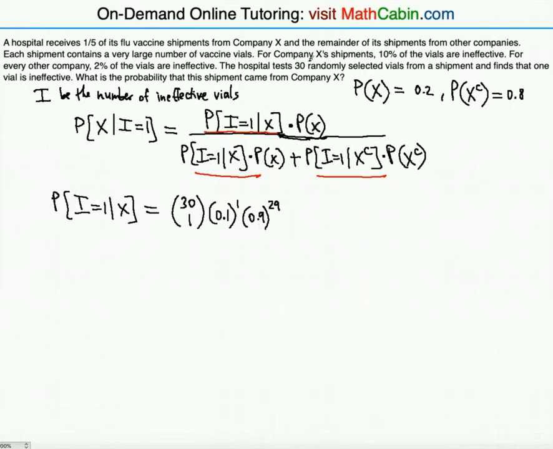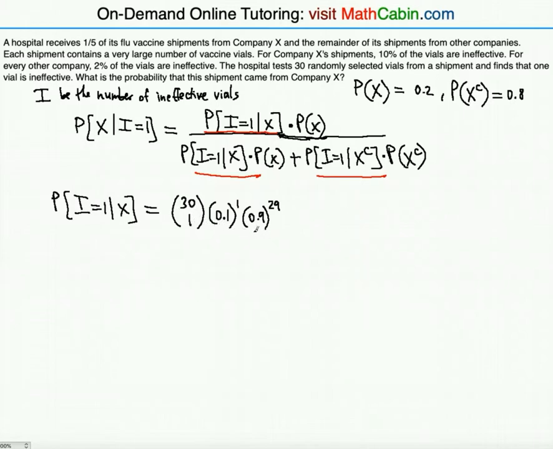You will be biased if you think that only the first, let's say, vial is ineffective, right? You can also say, but what about the second vial? The second vial can be ineffective and the rest will be effective, and so forth. So that's why you would add 30 times this, and that's why it makes sense that 30 will be multiplied by this. 30 choose 1 is 30, right?